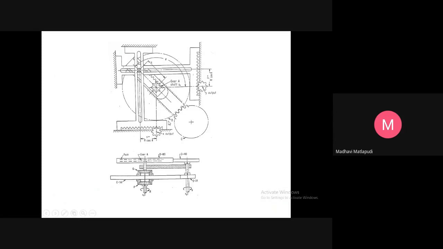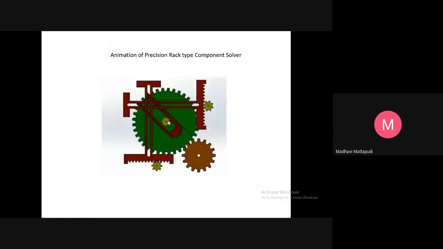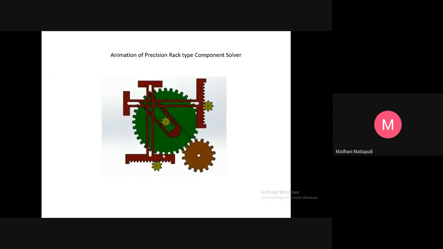You can understand it better with an animation of this particular mechanism. You can see the gears motion.